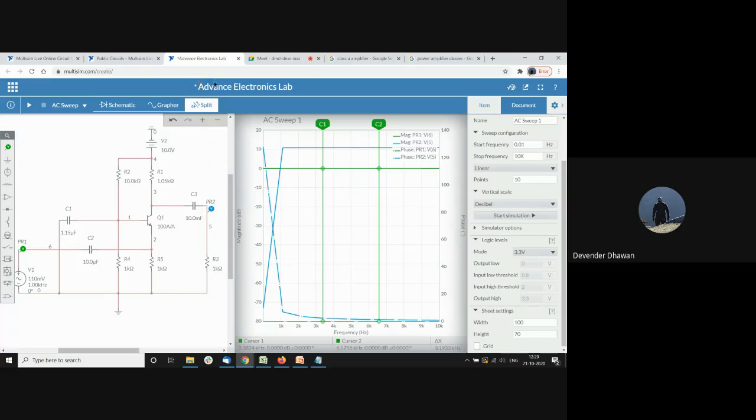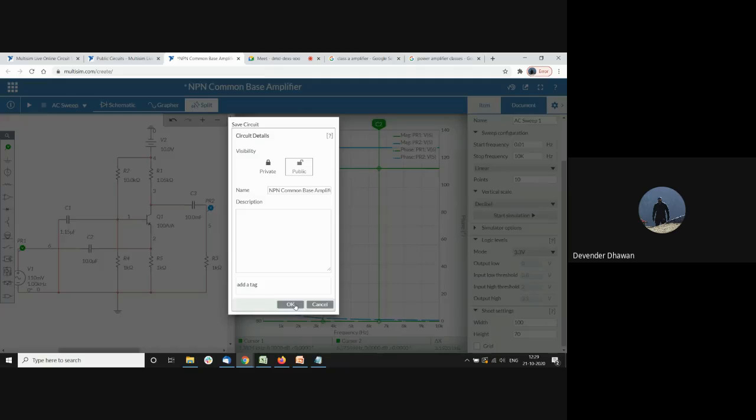Let me just save this one as common base amplifier, and this one is NPN. Something similar can be done with PNP also.